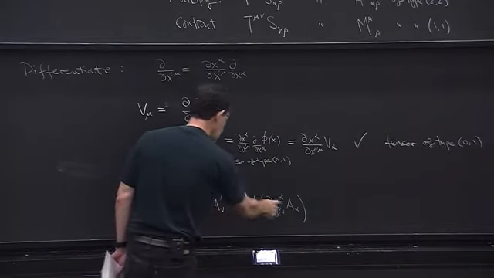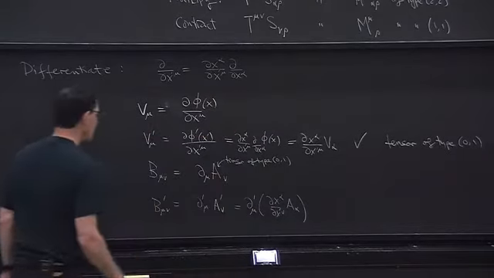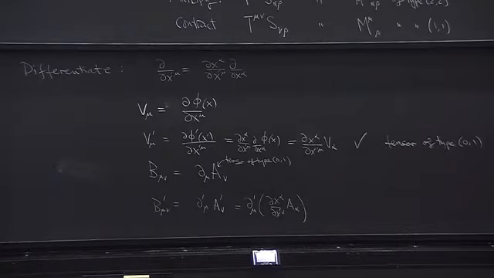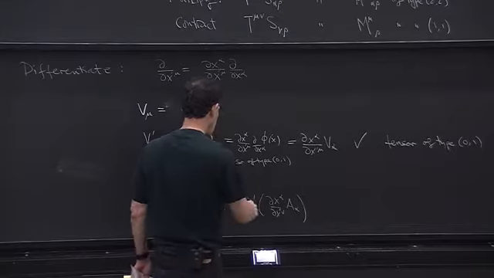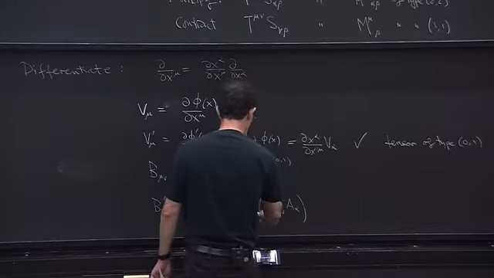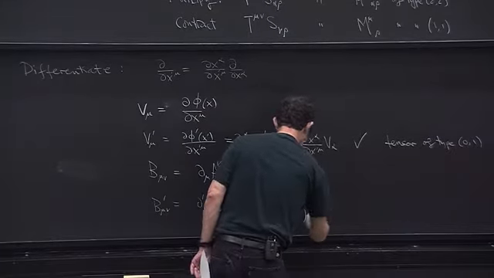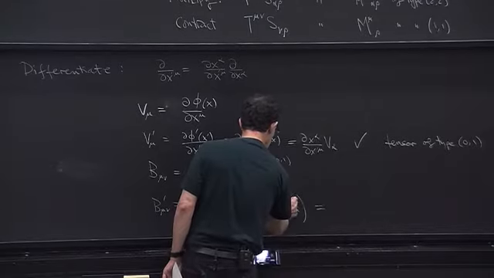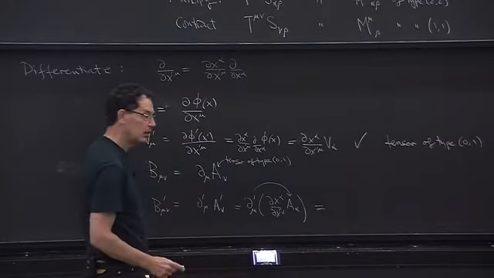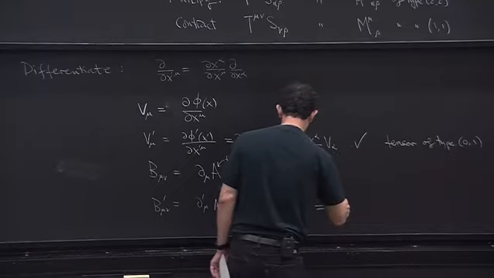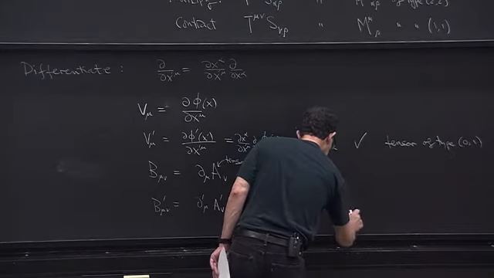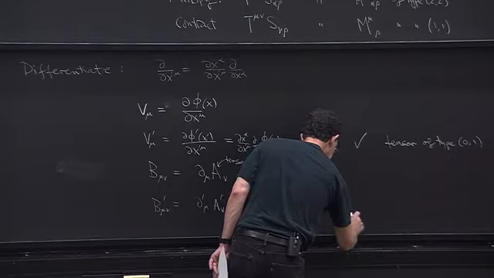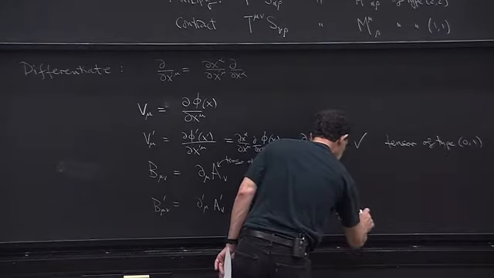That's the transformation of A. Okay, and so what I'm going to get, when this term differentiates the A, will give me the right kind of term, because this will give me dx alpha dx prime nu d mu.